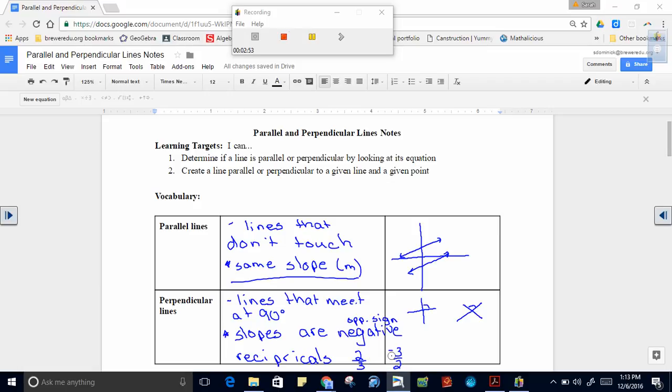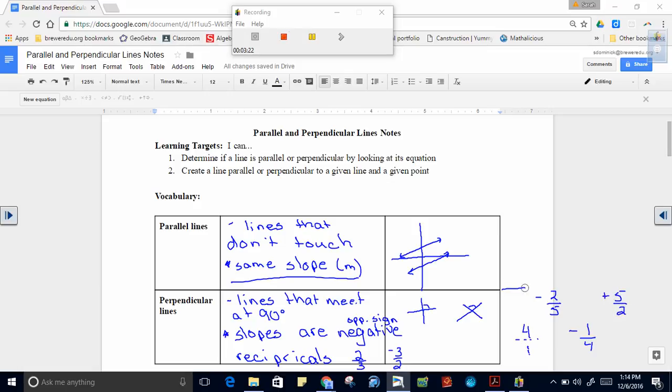So this changed signs, and the numerator and denominator switched. That's what reciprocals mean. So if I gave you a slope of 4, a perpendicular slope would be negative 1 over 4, because remember, I could always put a 1 here. If I had a slope of negative 2/5, my perpendicular slope would be positive 5 over 2.